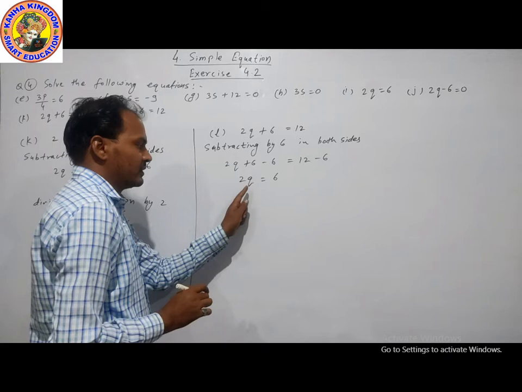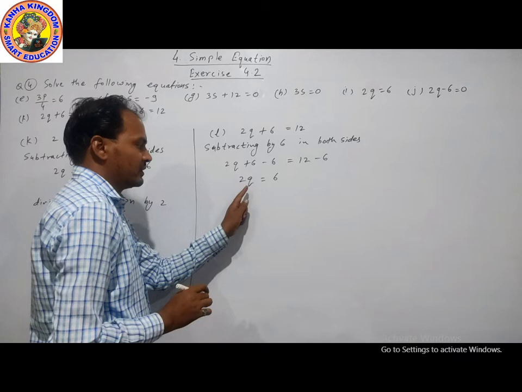Now in exercise 4.3, question number first, solve the following equation, means find the value of the variable by separating. Now first question, 2y plus 5 by 2 is equal to 37 by 2. Here is multiply and addition.